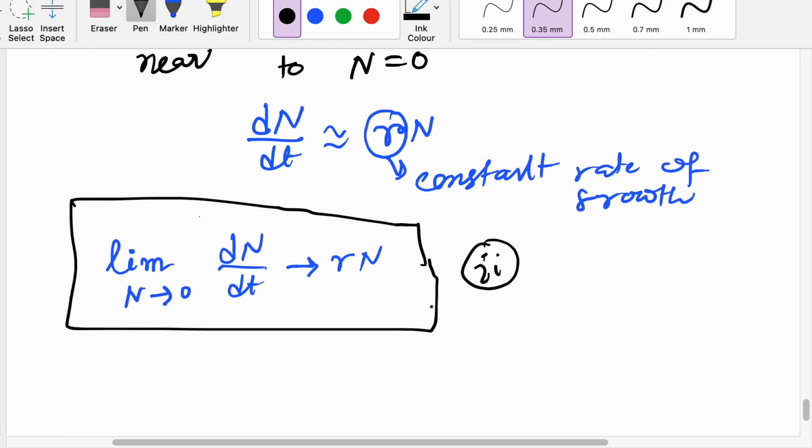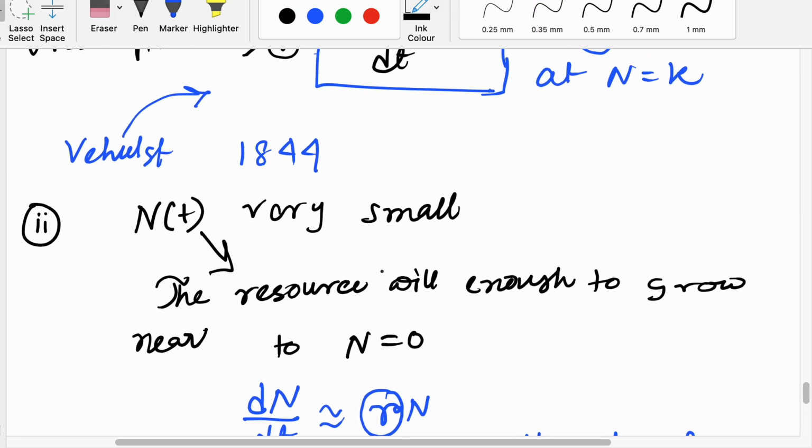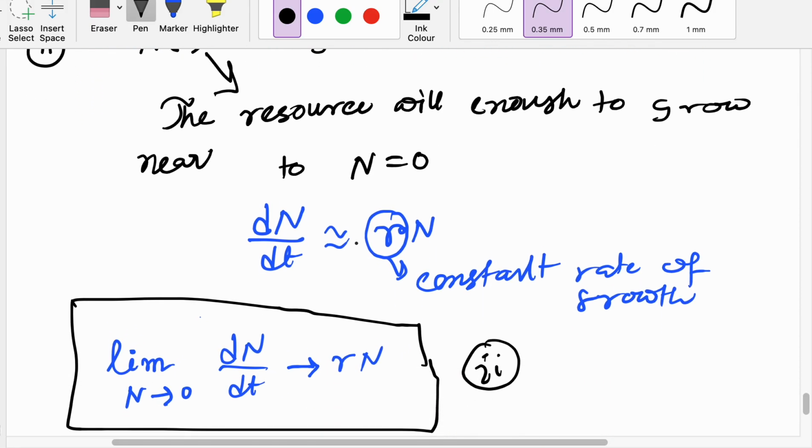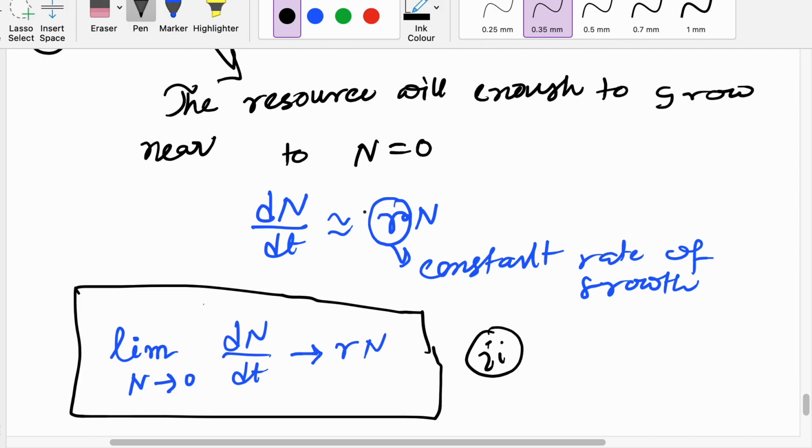When N is approaching 0, the rate of change in the population should be proportional to N with a constant r. If N individuals are there and all the individuals reproduce at a rate r, then the total rate at which they are increasing is rN.